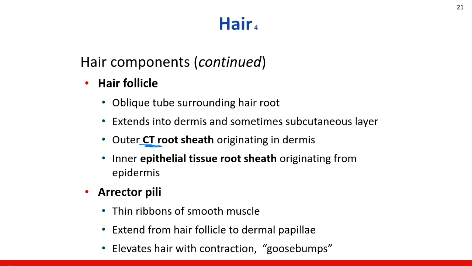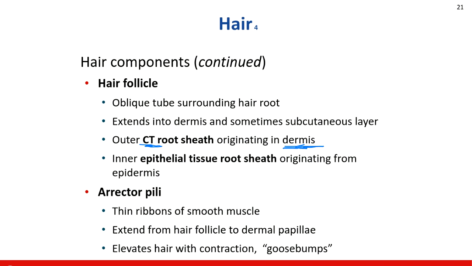The hair follicle is this connective tissue that really helps to offer some protection, but also gives hair its stability, its support structure. And this hair follicle, you want to know this, actually comes from the dermis. It doesn't come from the epidermis, it comes from the dermis.